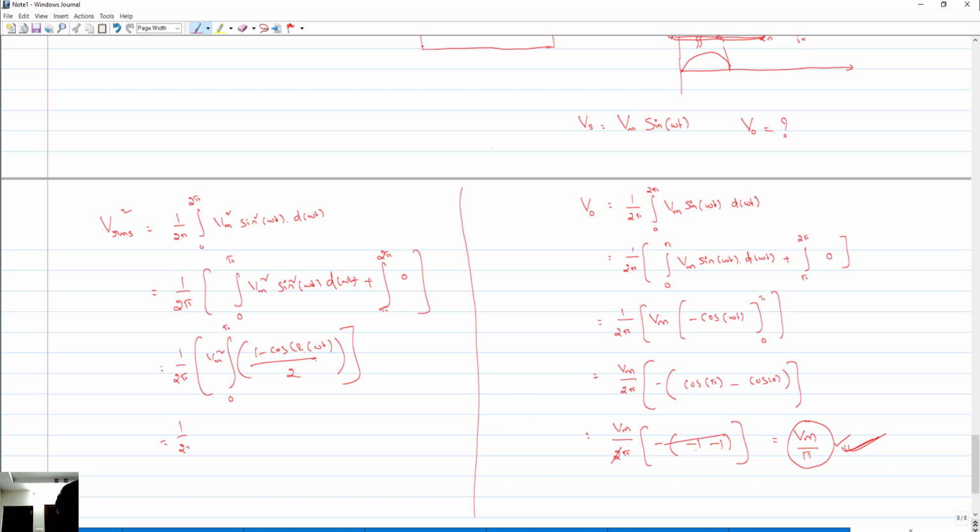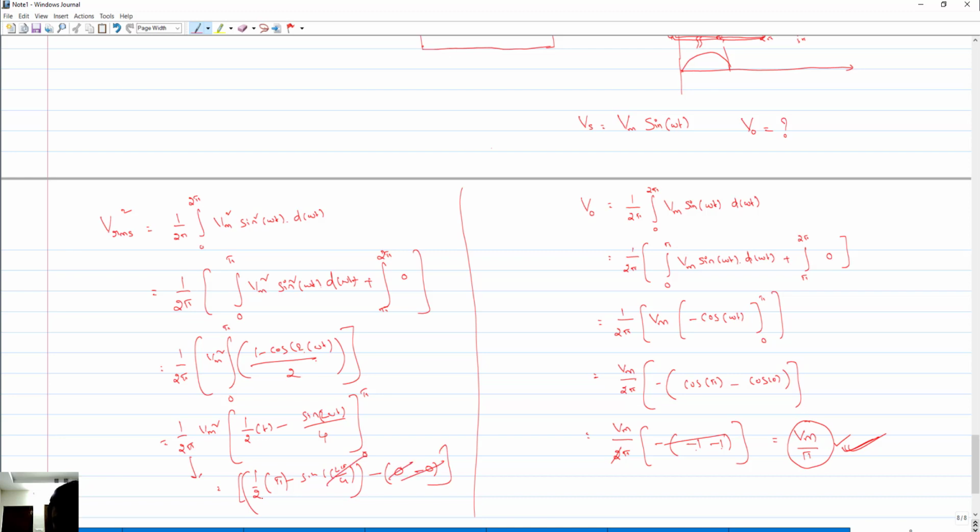Now if I integrate this, Vm square, that is 1 by 2 into t minus sine 2 omega t by 2 into 2, that is 4, over the limits of 0 to pi. If you substitute the limits, taking this as it is, 1 by 2 pi, pi minus sine of 2 pi by 4 minus 0 minus 0.